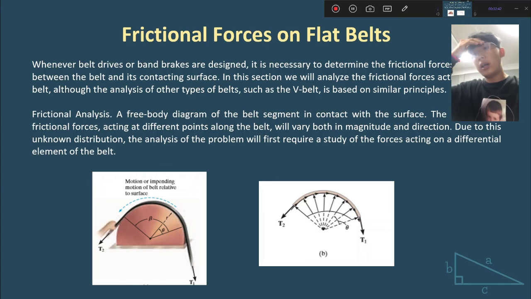A free body diagram of the belt segment in contact with the surface is drawn below. The normal and frictional forces acting at different points along the belt will vary both in magnitude and direction. Due to this, the analysis of this problem will first require studying the forces acting on a differential element of the belt.